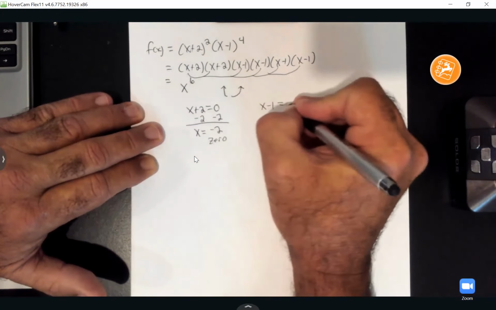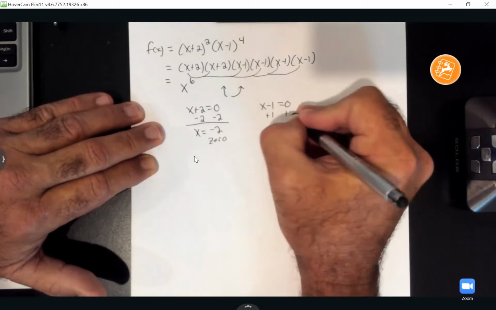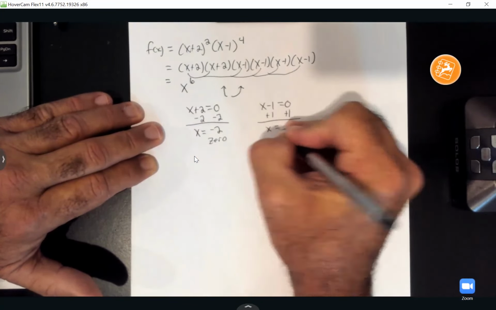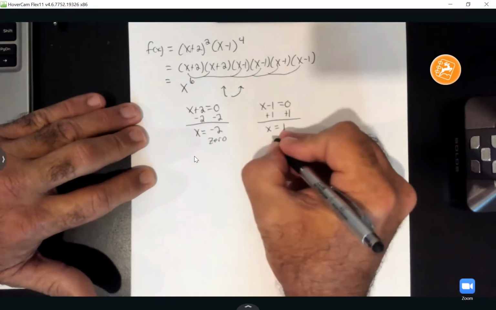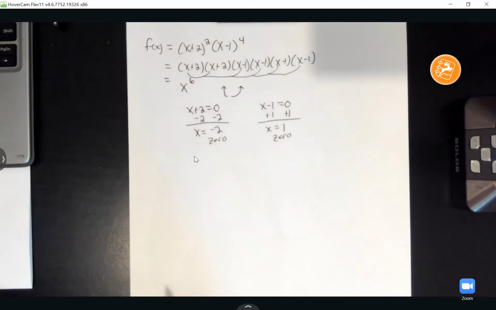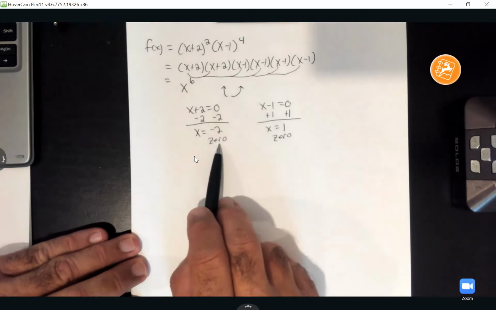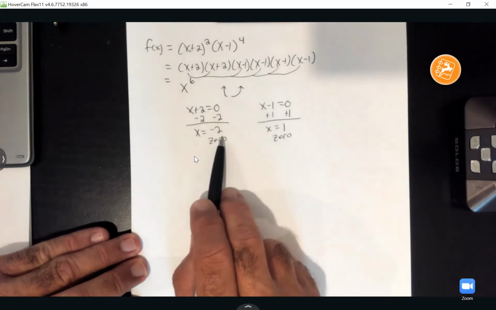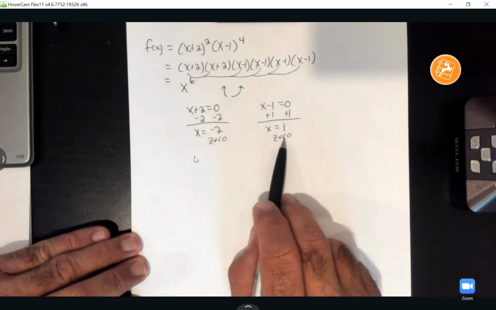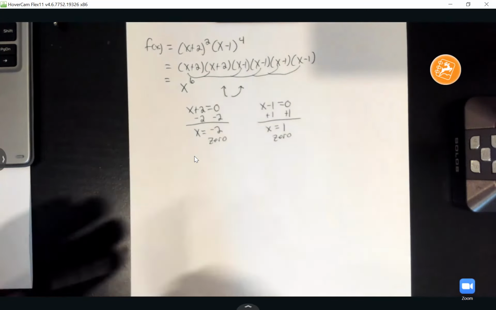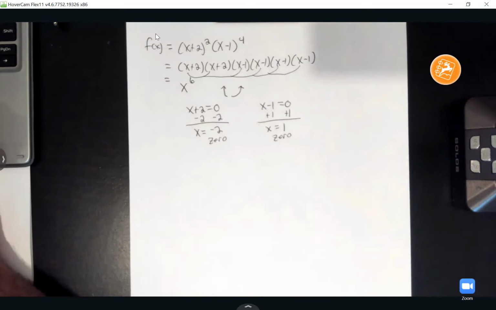On the x minus 1, I would set it equal to 0 and get x equals a positive 1. So it's got to go uphill on both ends. One side has to touch that negative 2 on the x-axis. The other side has to touch a positive 1. So I'm sure they're going to get them backwards like they did a while ago on that last problem.